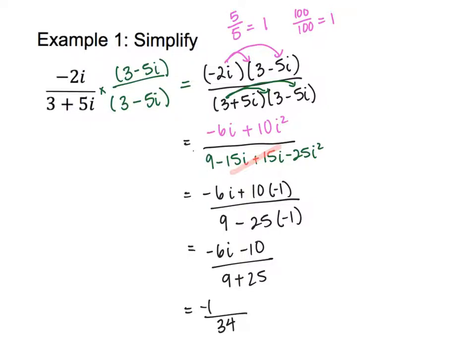And then the top is negative 6i minus 10. So what we're doing when we're multiplying the bottom by its conjugate is actually removing the imaginary number from the bottom. So we're no longer dividing by an imaginary number. We get down to a real number. The top is still imaginary, and that's okay, but the bottom isn't. So that's what we're doing when we're multiplying by a conjugate. So I'm going to pause there.